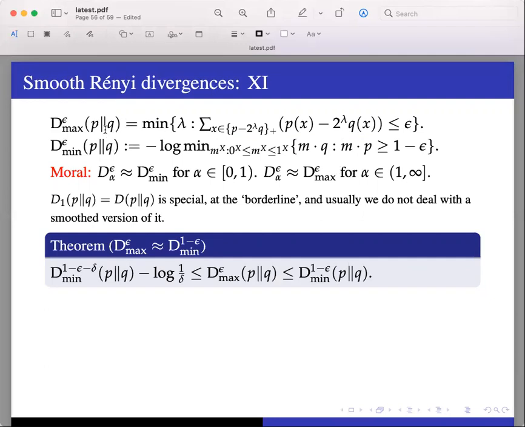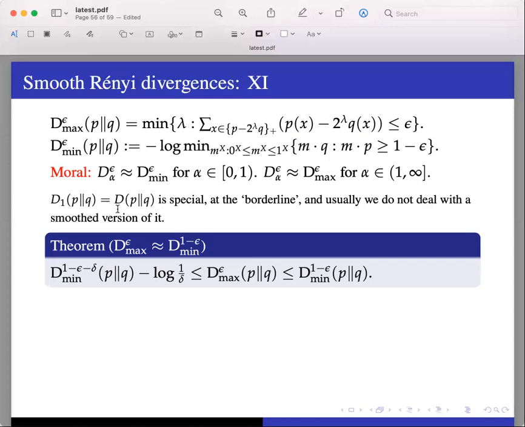The two most important quantities that we work with are d epsilon max and d epsilon min. The moral of the story is that d epsilon alpha is close to d epsilon min for alpha strictly less than 1, and d epsilon alpha is close to d epsilon max for alpha strictly bigger than 1. So really D1, which is the Shannon relative entropy, is special, and it's at the borderline.